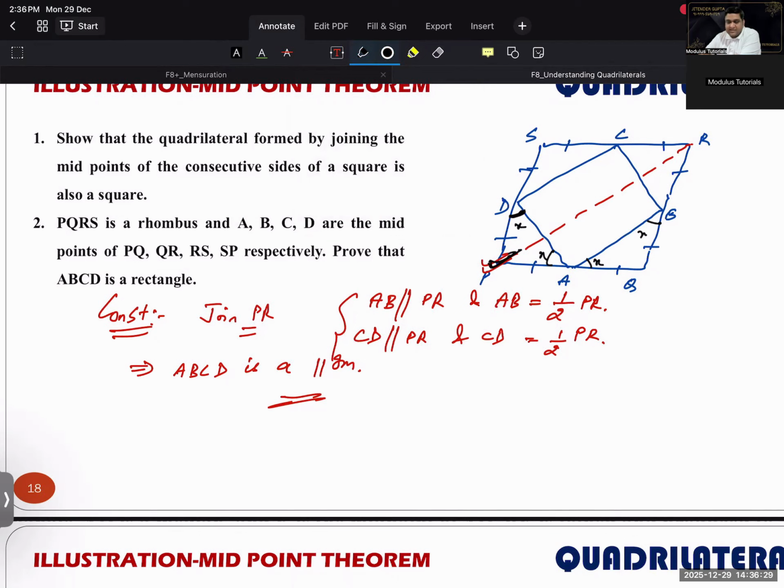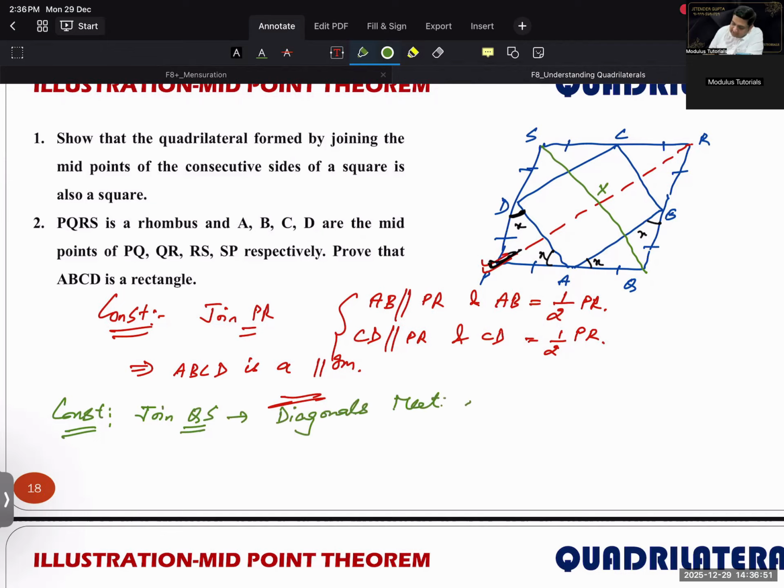I hope this much is clear, guys. So what we do is make one more small construction, construction number 2, that is, join QS. Diagonals are meeting at X.